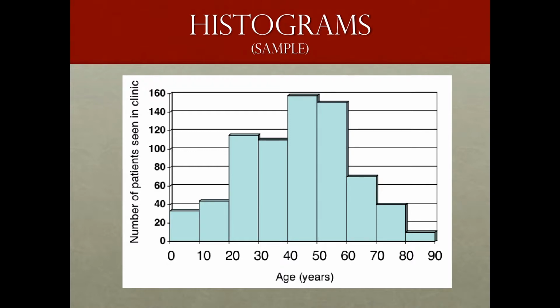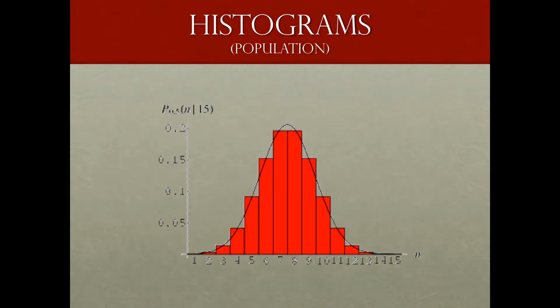But because this represents a rather large sample, we call it a bell-shaped and symmetric histogram.